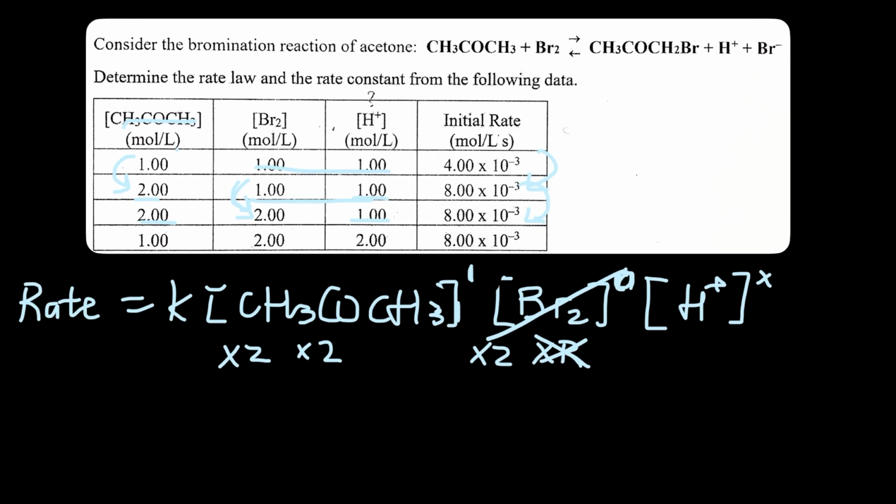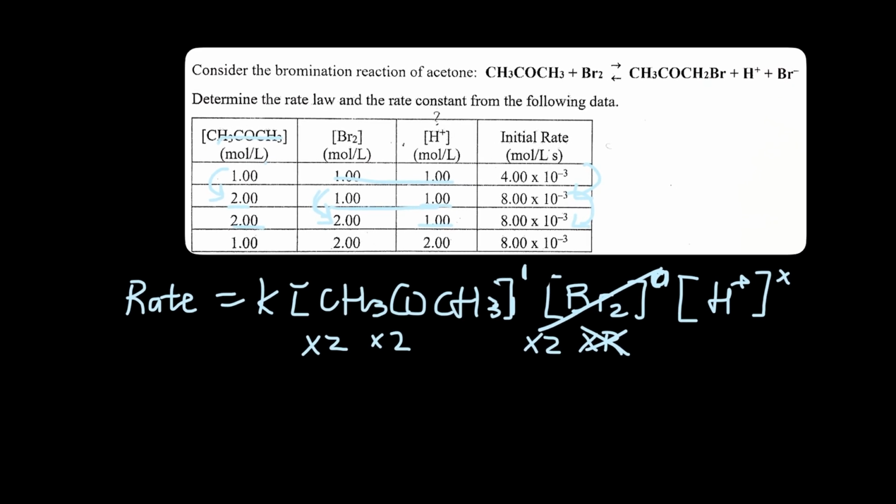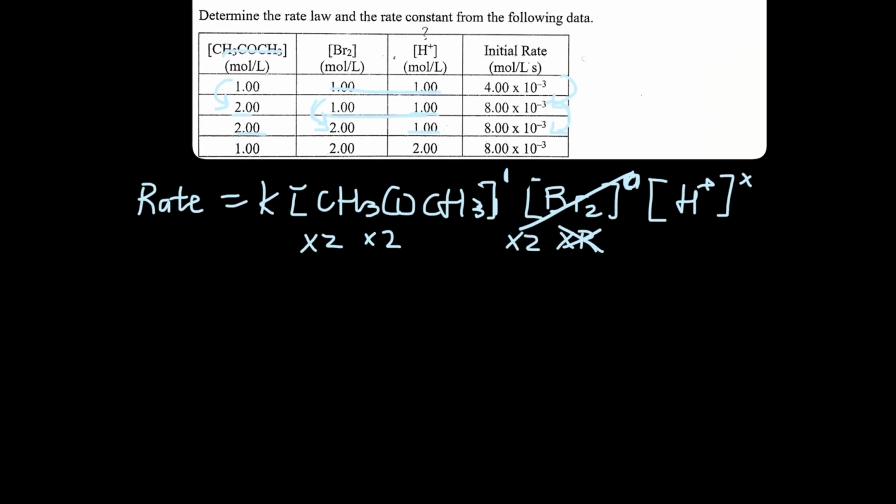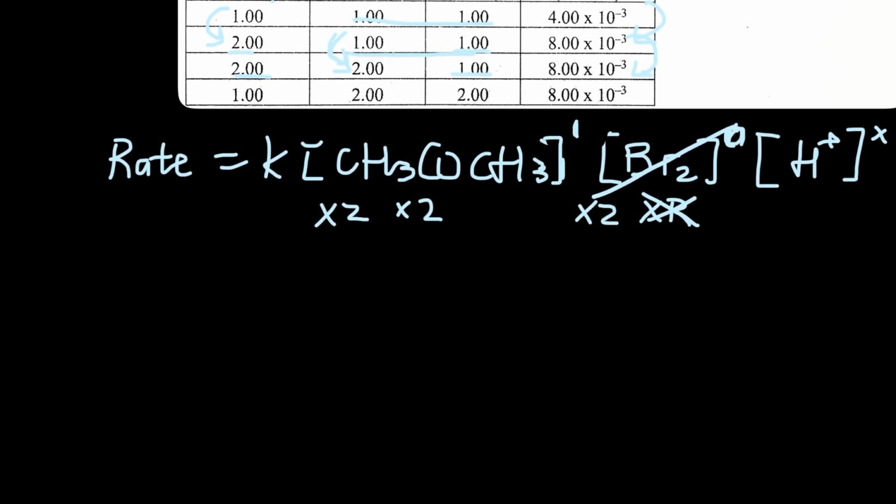Now, as for hydrogen plus, you can do inspection the same way, but let's just say the data they gave you didn't have somewhere where hydrogen changed in concentration and everything else was constant. Let's say that didn't happen in this case. So what you will need to do is a calculation.